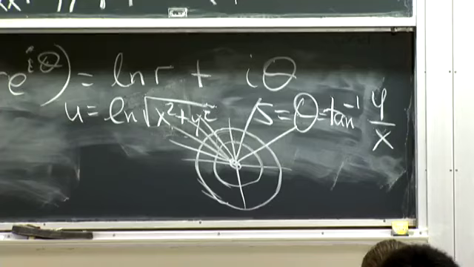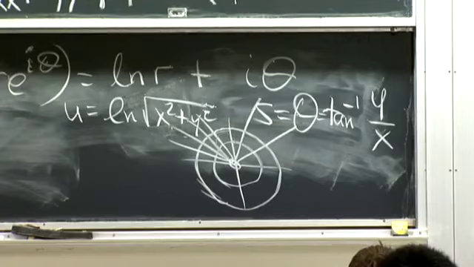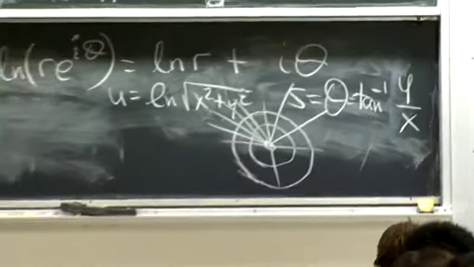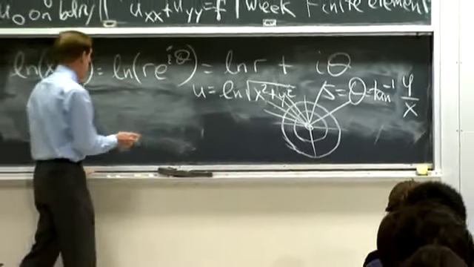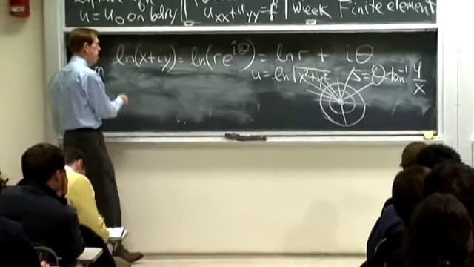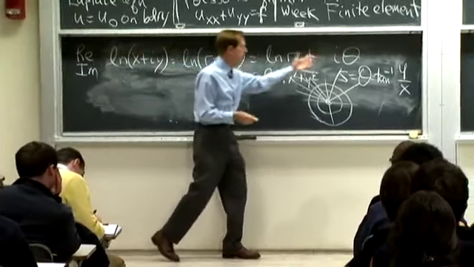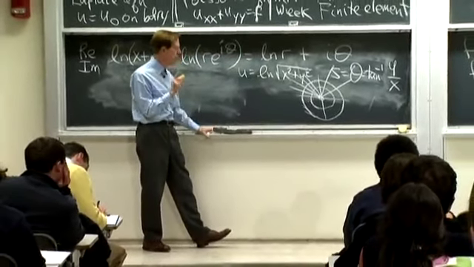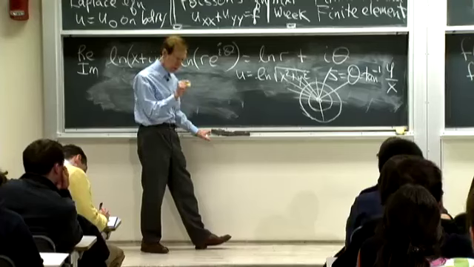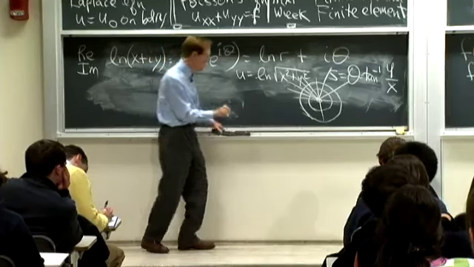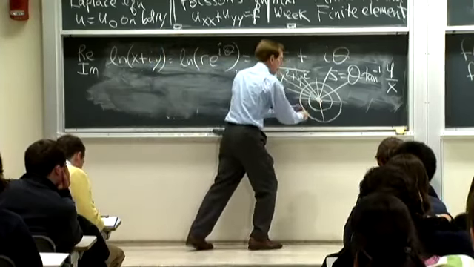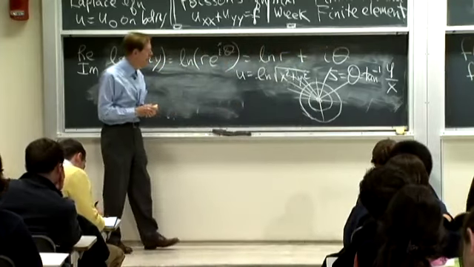Now, I'm suspecting that there's a source here. I think this flow, which is given by these guys, comes from some kind of a delta function right there, and the flow goes outwards.